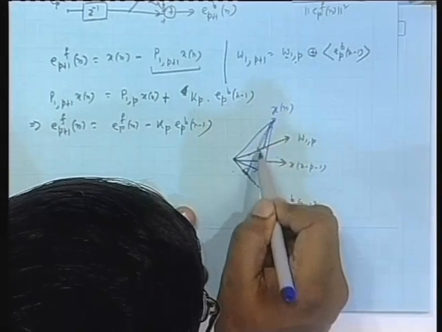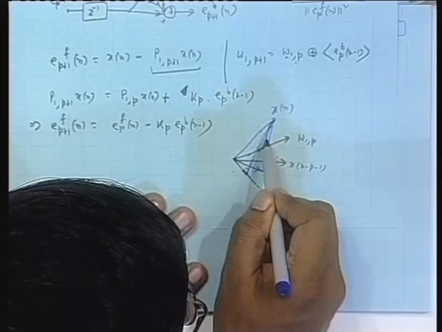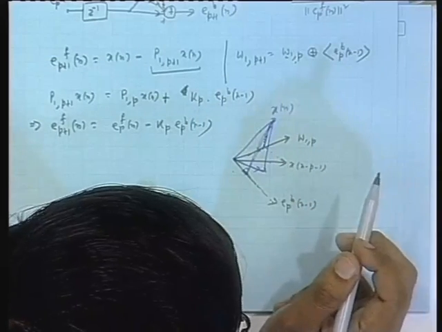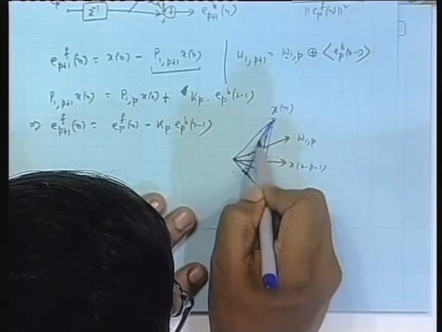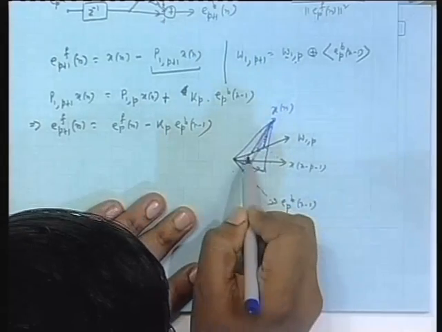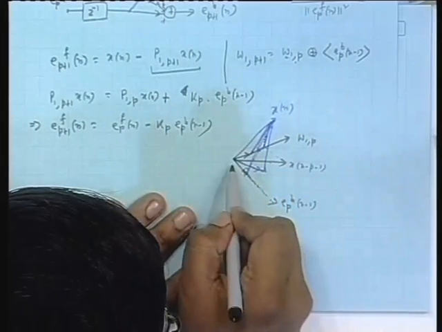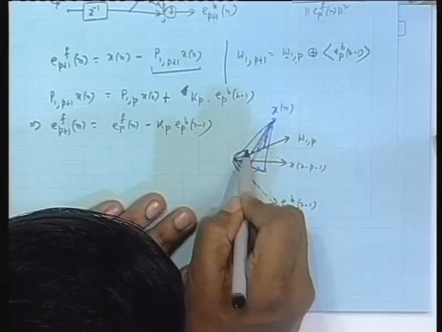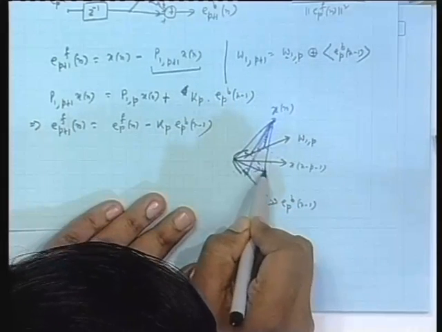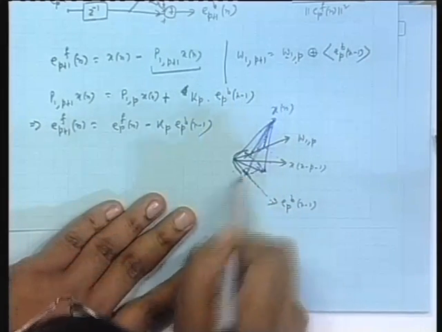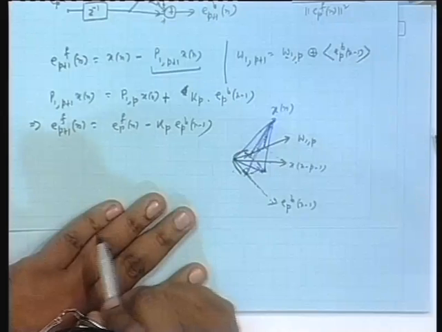Sorry, suppose this is here, this is 90 degree, then these two projections, this fellow and this fellow, added together will give you this much, isn't it? That is the projection.